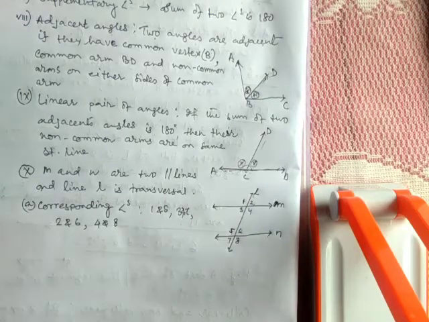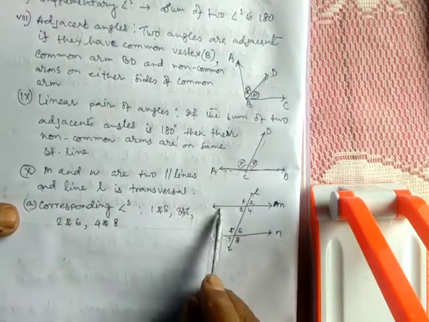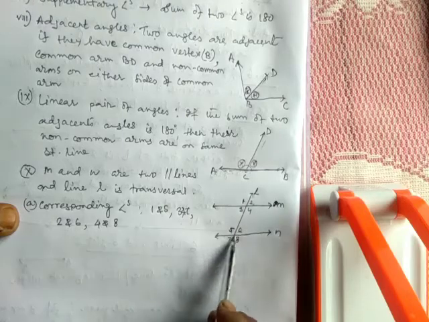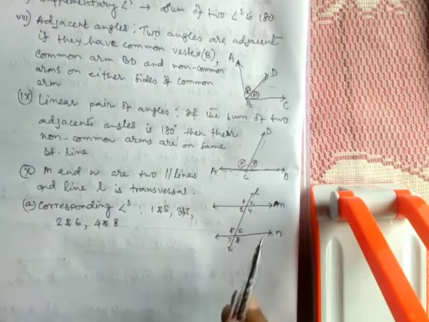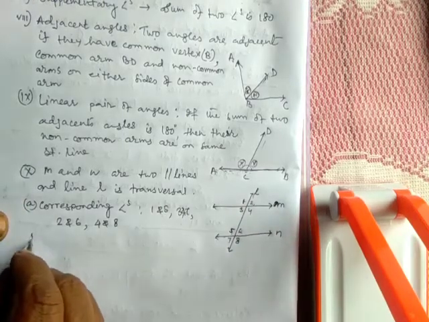These angles are called corresponding angles, provided M and N, these two lines, must be parallel.